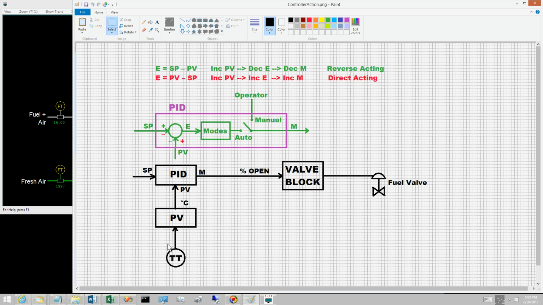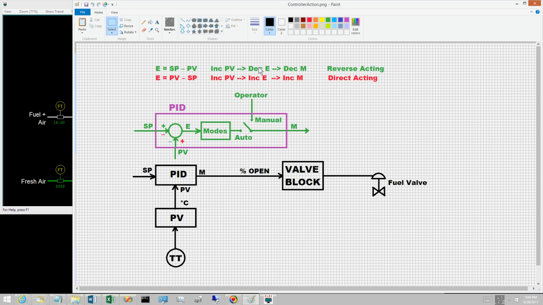As presented in the previous video, the comparator within the PID block computed the control error E as set point minus PV. How does the controller output change on an increase in the value of the PV? An increase in the PV decreases the control error E. That is, E becomes less positive or more negative.